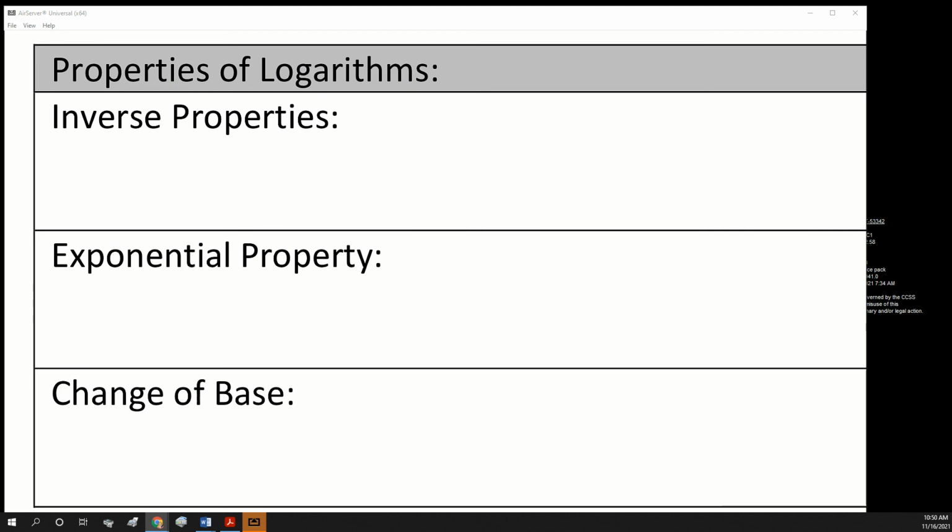And when we learned about inverses, I really wanted you to understand that an inverse undoes what the original function did. Okay, so if we have log base b of b to the x, so we have the logarithm of an exponential function, the logarithm should undo what the exponential function does, and it should just leave you with x because they undo each other.